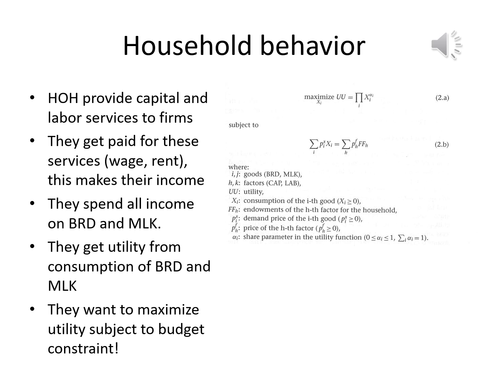Remember, all these payments go to households. So now we know that this is total income of the households. And now we verify here in the equation 2.b that this is the budget constraint of the household. All income equals total spending.